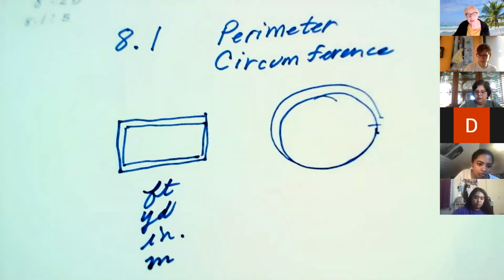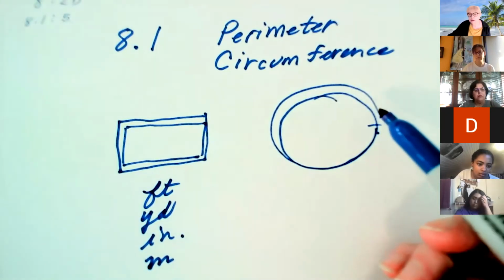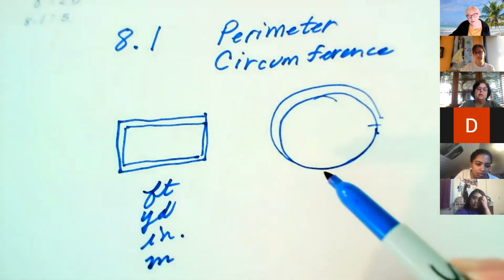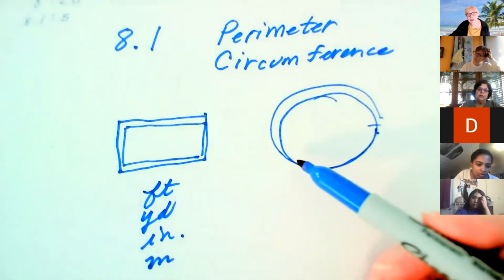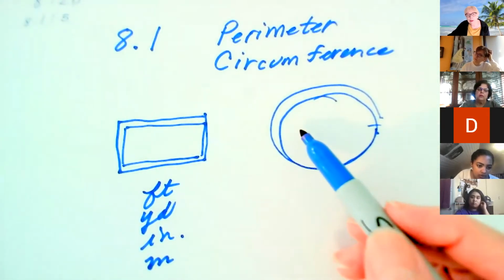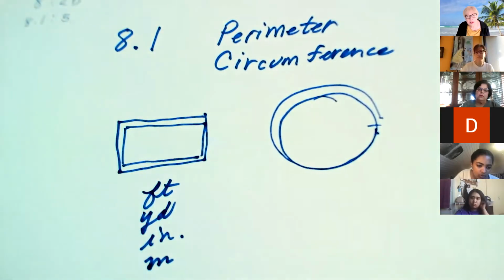So one person, this was in Maine, had to put a fence around a lighthouse. They literally needed a measurement of its circumference. This lighthouse was on an island, so they didn't want to go to the lighthouse, come back, measure it, and go back.